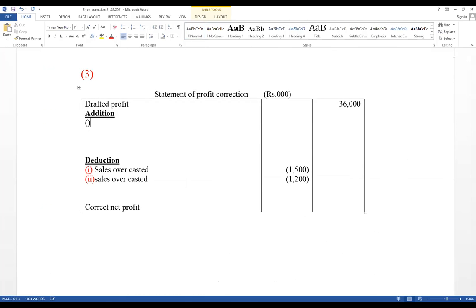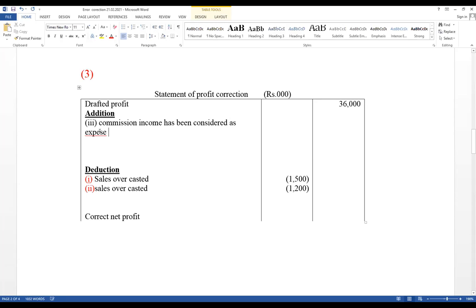Third one, commission income has been considered as a commission expense. Therefore, description: commission income has been considered as expense.